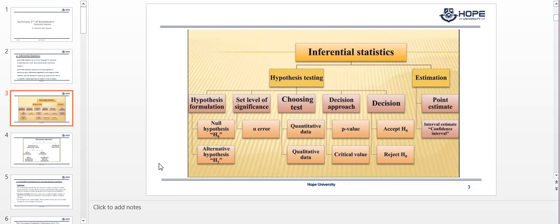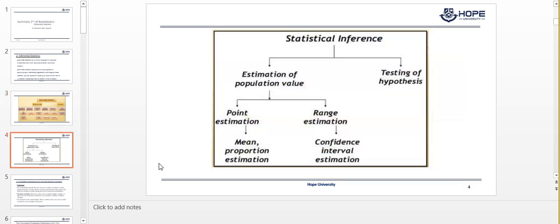At the last station is decision making, accepted or rejected. In formulation, we describe how to make the null hypothesis and alternative hypothesis. For level of significance, we take the critical alpha or beta value. In choosing the test, we decide quantitative or qualitative, and the decision approach would be p-value or critical value, and the decision in the last station is accepted or rejected.